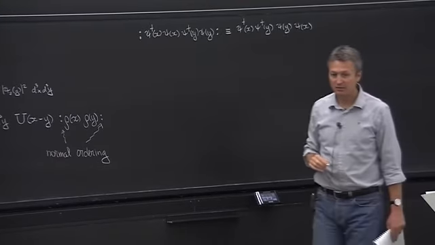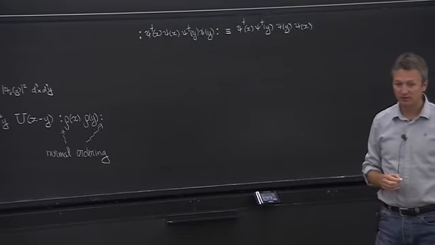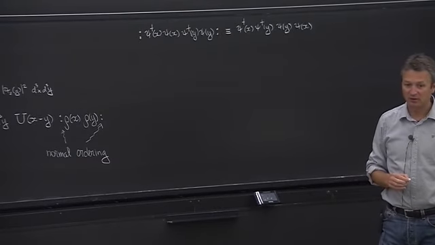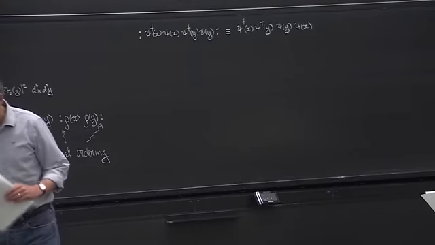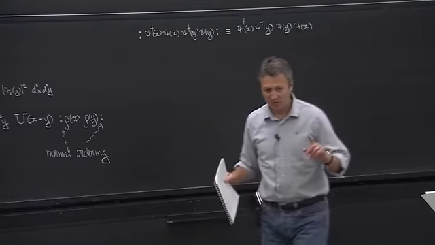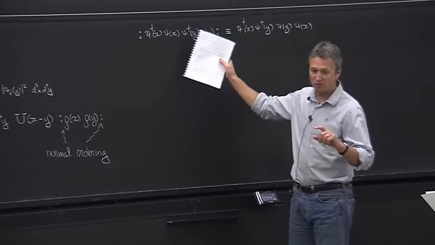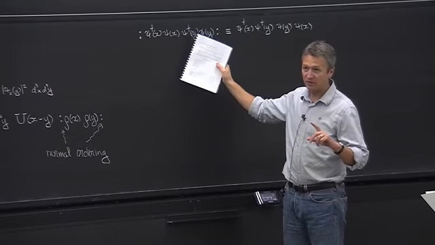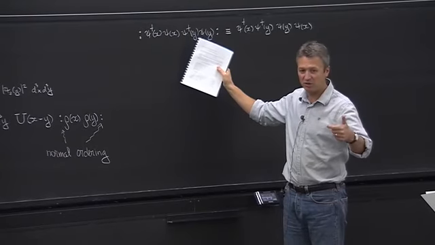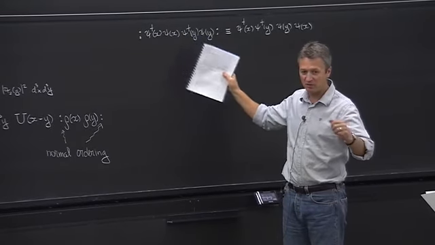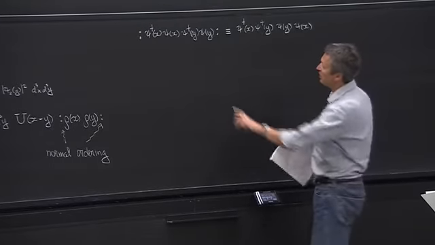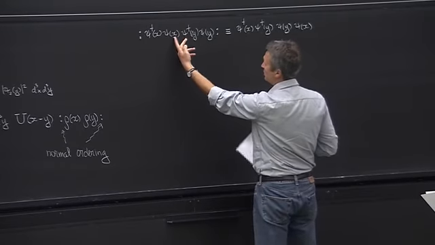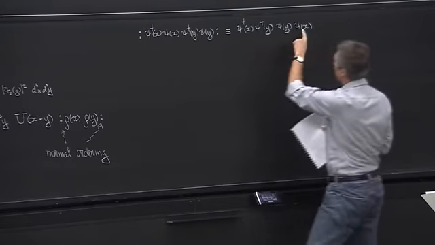Yes? Sorry, the order of the coordinates becomes important when we talk about fermions. Absolutely, yes, that's right. For fermions, the prescription is the following: you should reorder the operators in such a way that if you interchange fermions, you produce a minus sign. This expression is correct both for bosons and fermions because I interchanged these two operators, and then psi of x with psi of y.